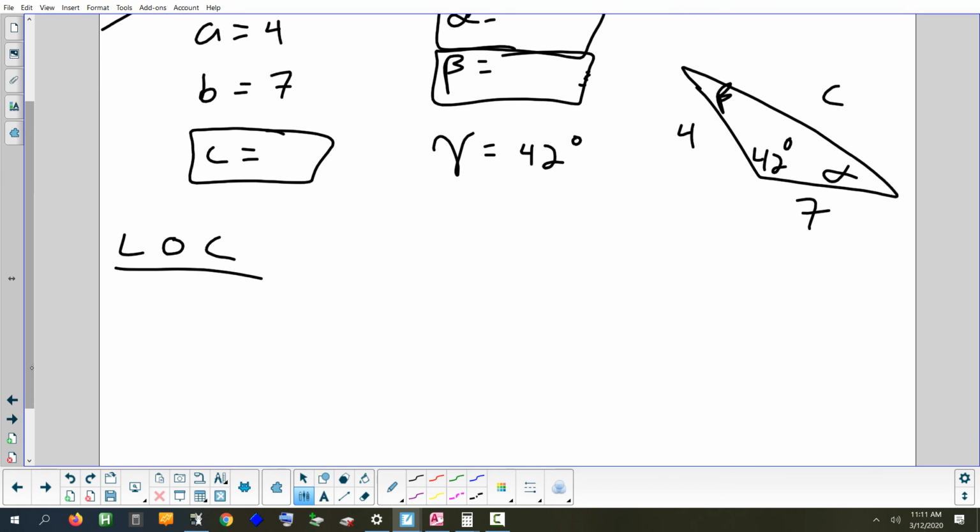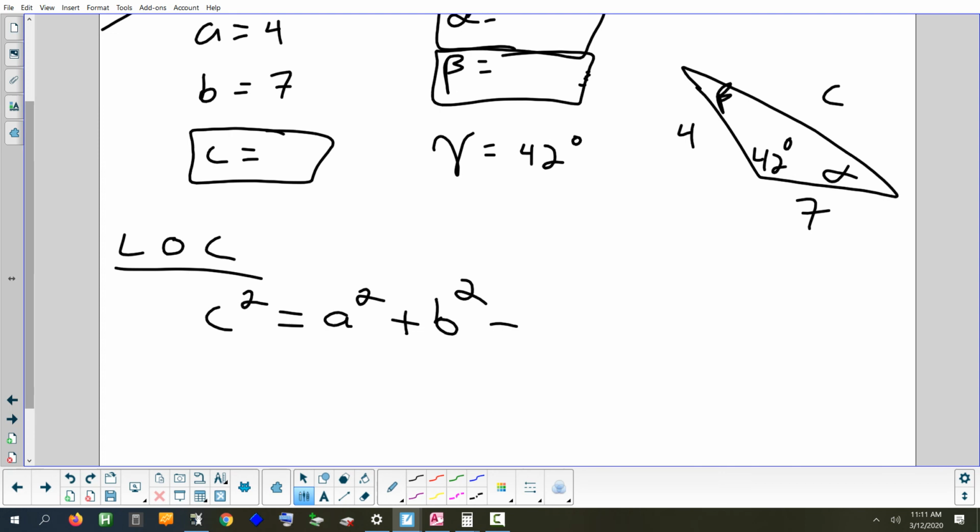It looks a lot like the Pythagorean theorem with how it starts out. C squared equals A squared plus B squared. But we know the Pythagorean theorem can only be used on right triangles. So it starts out like that, but then we have to subtract something. The something that you subtract accounts for the fact that it's not a right triangle.